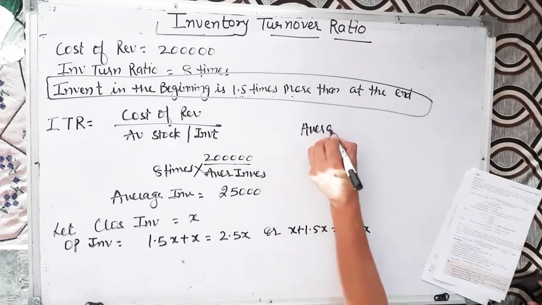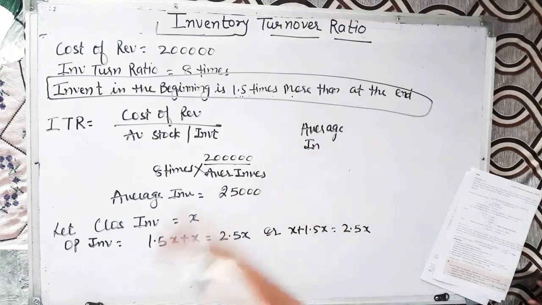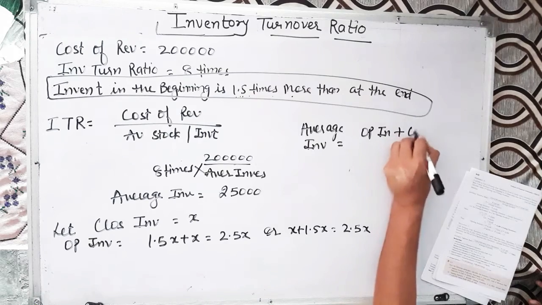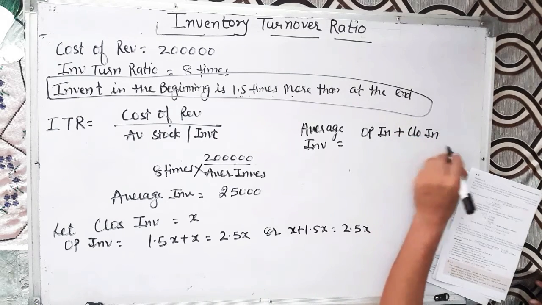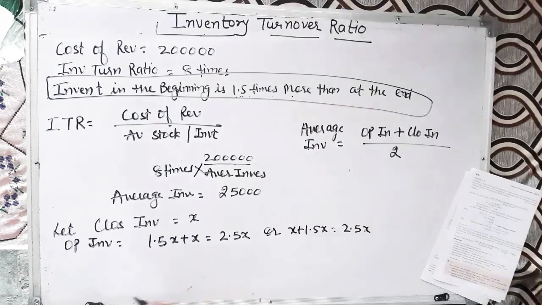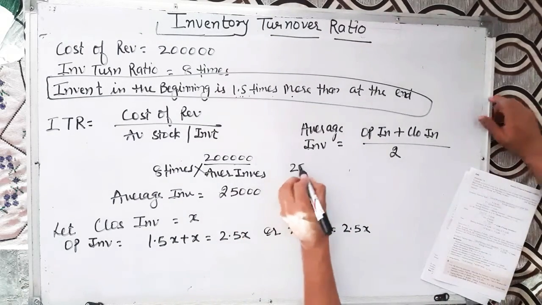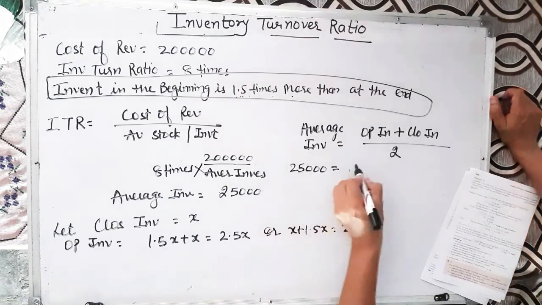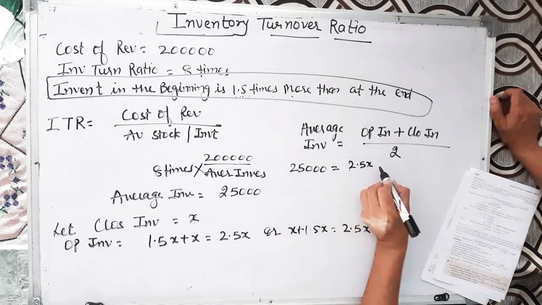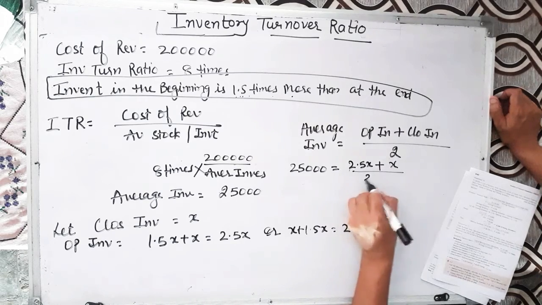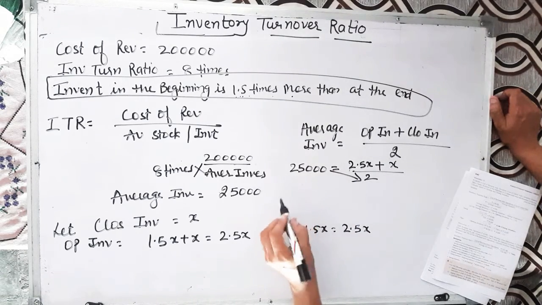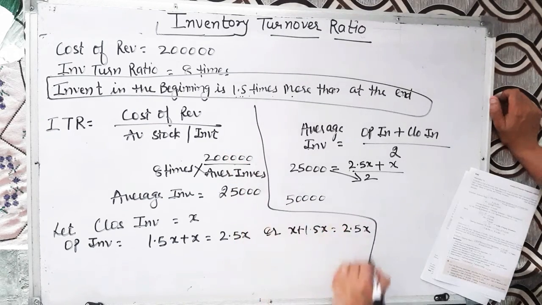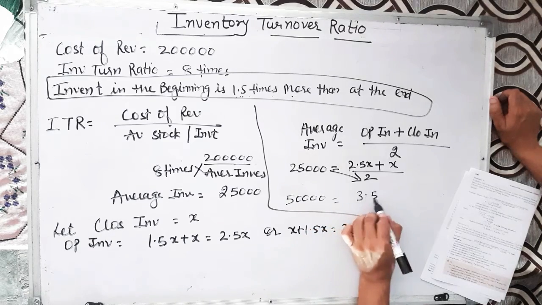Okay, so now we will apply the formula. Average inventory is equal to opening inventory plus closing inventory divided by 2. Average inventory is given 25,000 is equal to opening stock 2.5x plus closing x divided by 2. So now we will cross multiply it. 50,000 is equal to 3.5x.